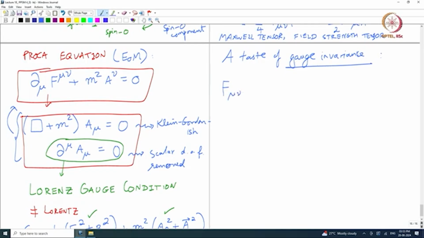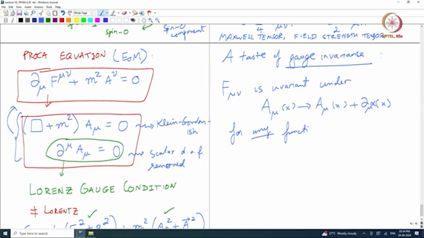F mu nu, right? Even though it is a Lorentz tensor, it is still invariant under the following transformation. If I take A mu to A mu plus the derivative of some alpha of x, for any function alpha of x, okay.